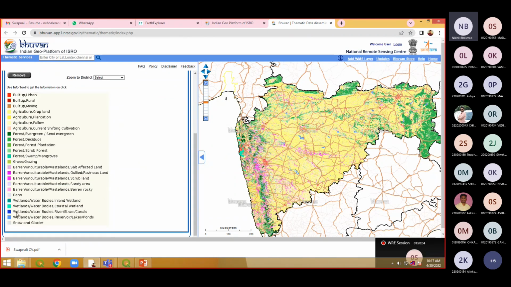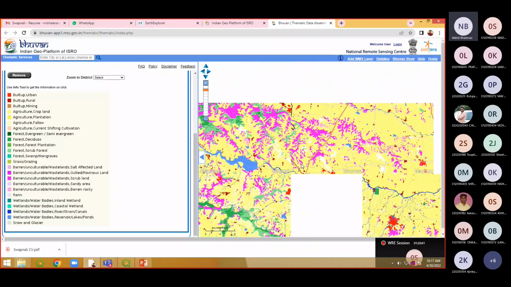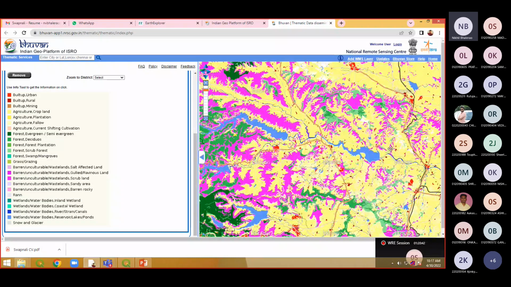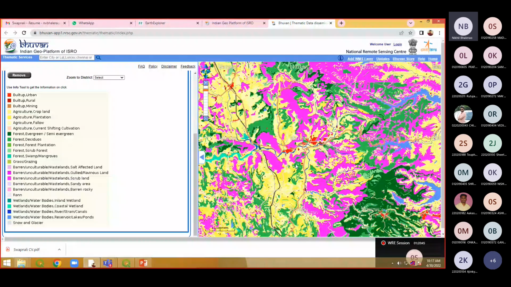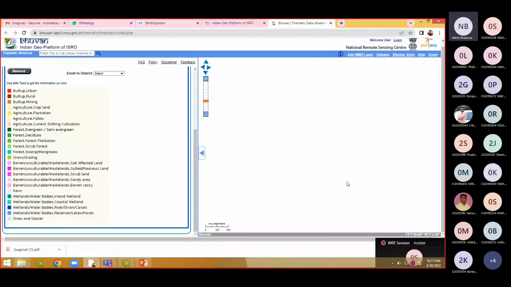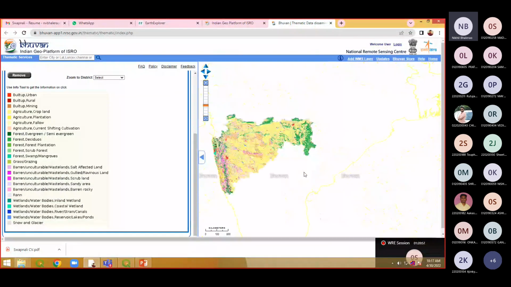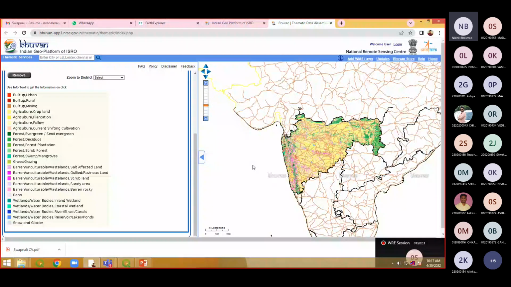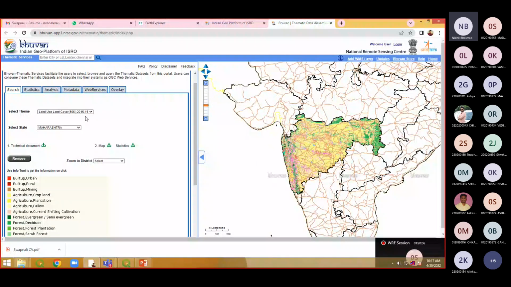Blue color reflects the water bodies. Okay, then there are various other categories, and accordingly you can see the land use, land cover categorized. So this is the data which is available on the website of Bhuvan that you can get.